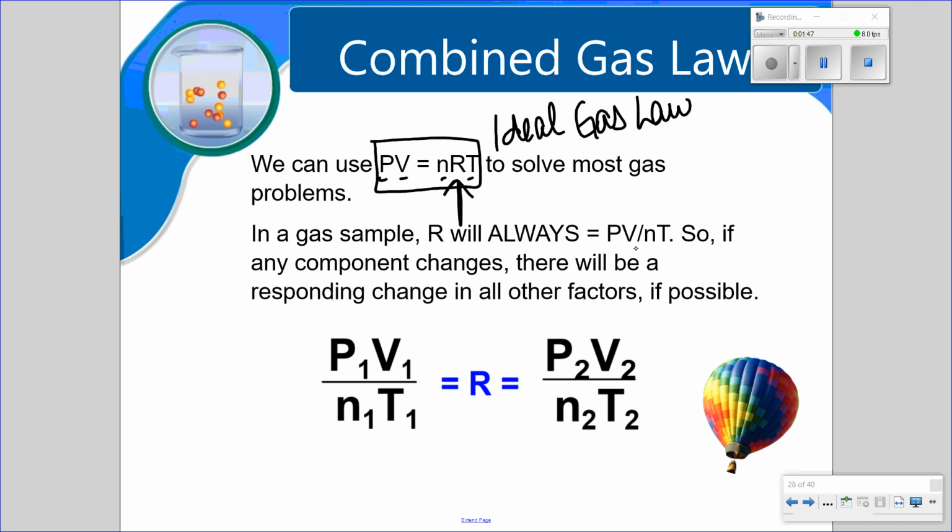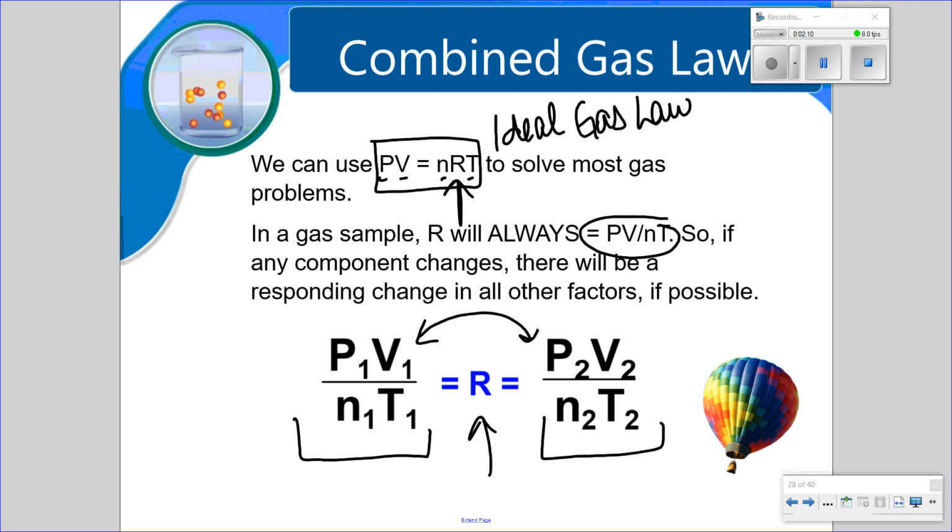And R will always equal PV over nT if you rearrange that equation. So if we change something and we have two sets of conditions, then R is going to be equal to the PV over nT for the first condition, and it's also going to be equal to the PV over nT for the second condition. Therefore, these two are going to be equal to each other.